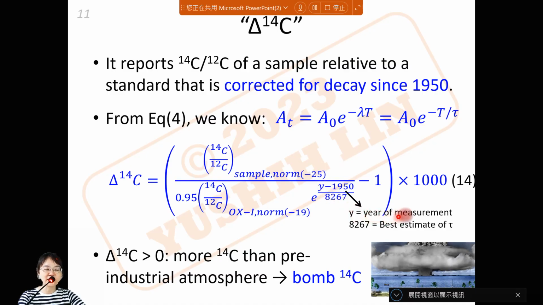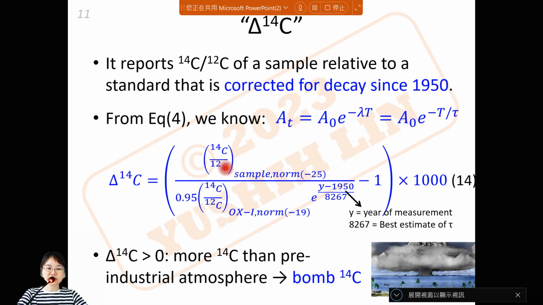Y is the year of measurement, and this is tau, the mean life. Here we do not use Libby's mean life. We use the best estimate of tau. That means when you calculate delta C14, it has to be very precise, so you use the best estimate of tau instead of Libby's tau. Then this ratio minus 1 times 1,000 would be your big delta C14.